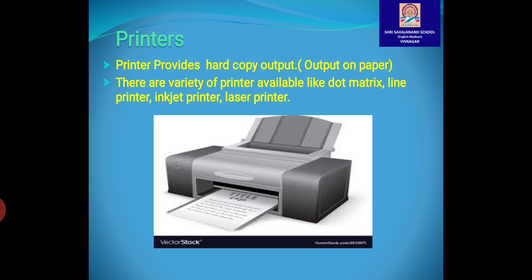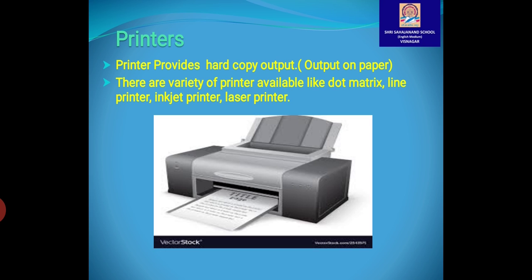Other printers print line by line and are called line printers. Another category of printers prints content by spraying small drops of ink. Such printers are called inkjet printers. Inkjet printers are faster and costlier than dot matrix printers.